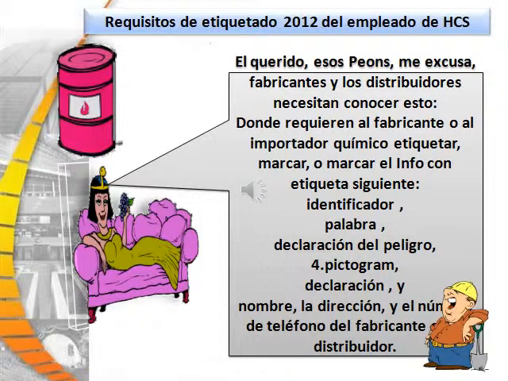Manufacturers and distributors need to know this. The chemical manufacturer or importer is required to label, tag, or mark the following information: product identifier, signal word, hazard statement, pictograms, precautionary statement, and the name, address, and telephone number of the manufacturer or distributor.